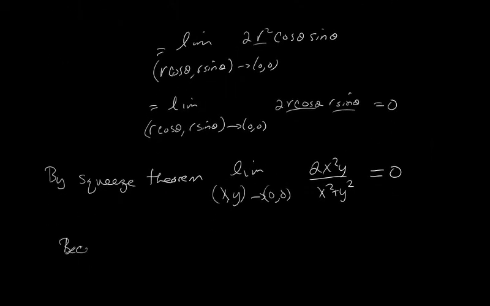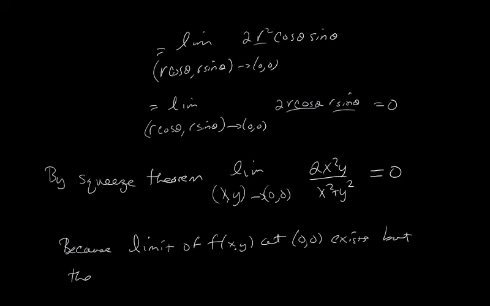Now, because the limit of f of (x, y) at (0, 0) exists, but let's define it this way, f of (0, 0) does not exist. The function is discontinuous.